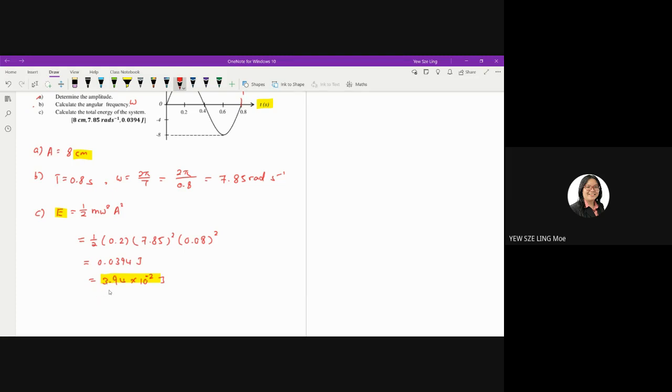So I can accept up to 2 digits, but not 3 digits. So 1 to 2 digits in front of the decimal point, and it is a non-zero value. So 0.0394 should be written as 3.94 × 10⁻². Even though it is just 2 dp, this is a 3 significant figures value. So this is the answer for question 5.